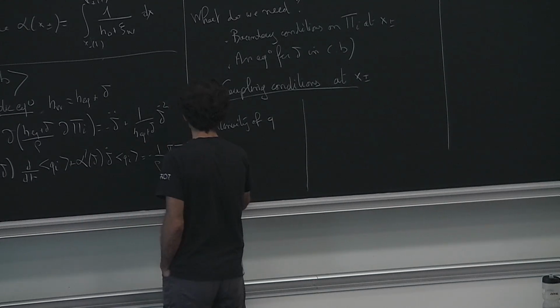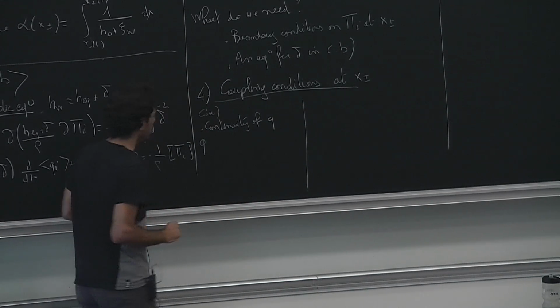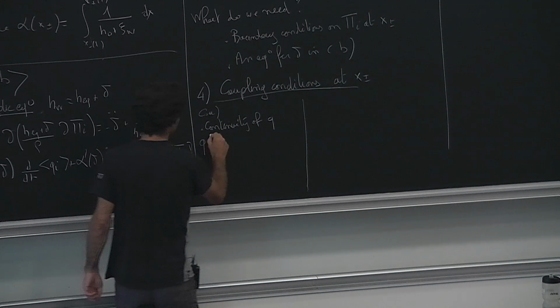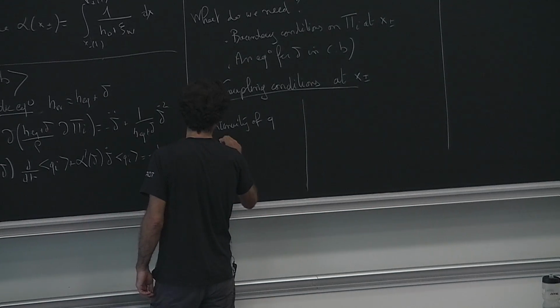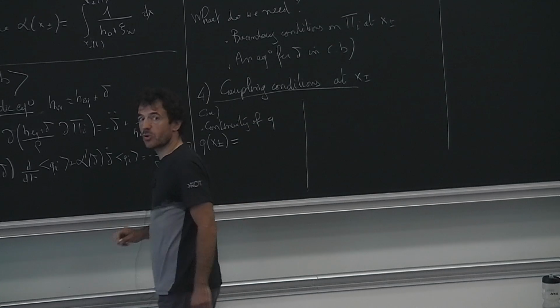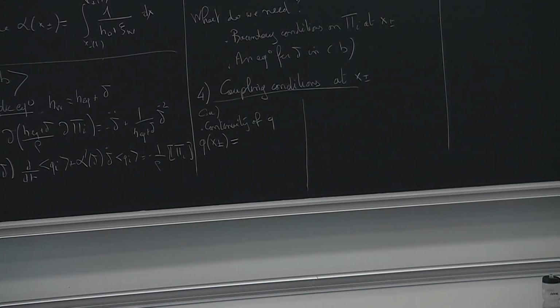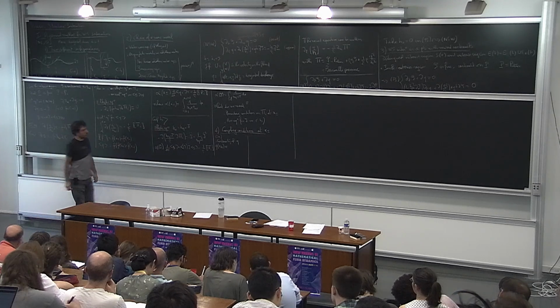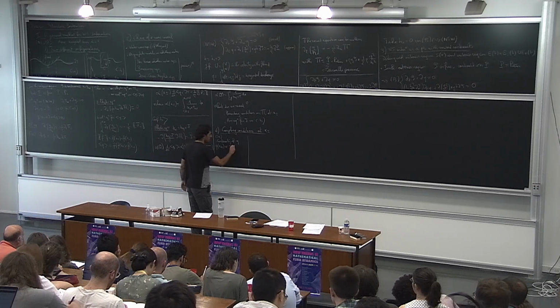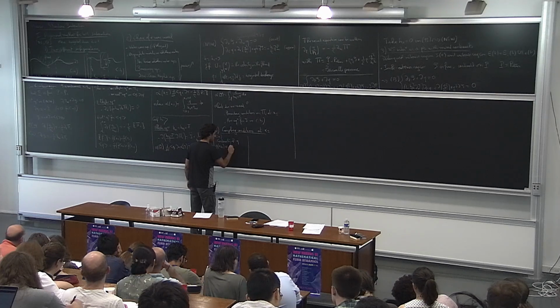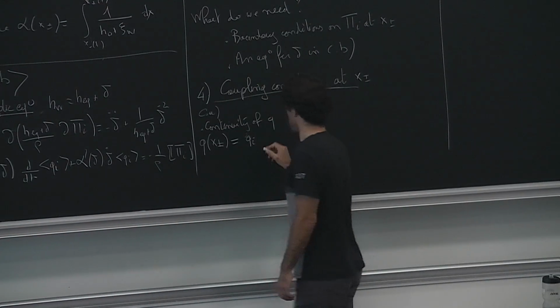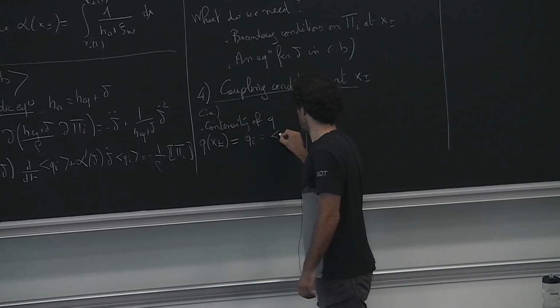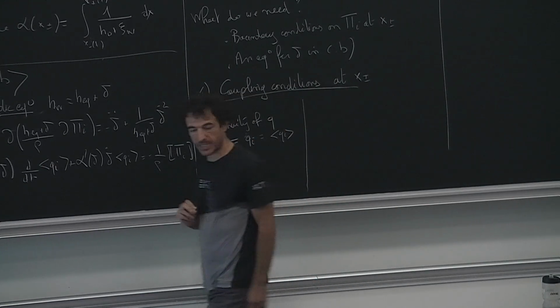So you will say that Q in the exterior domain at x plus minus is equal to Q in the interior domain, and we have seen that in the interior domain, Q was equal to just this quantity because delta is equal to 0. So Q is equal to Qi, which is equal to this function of time.